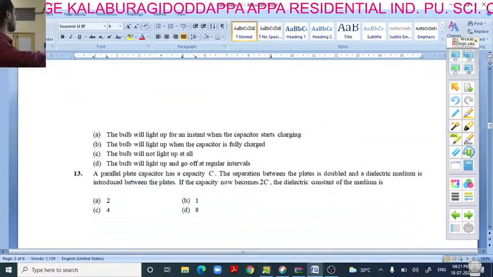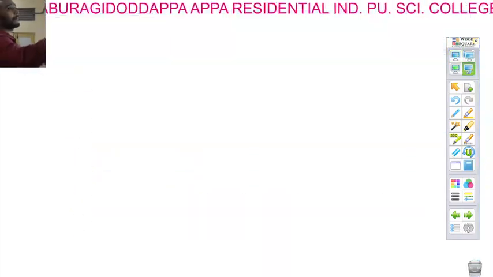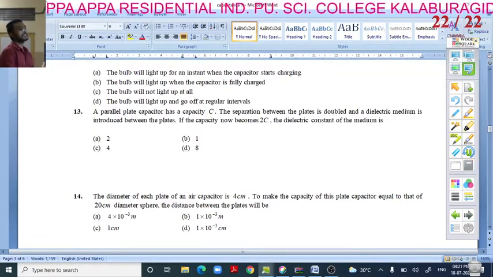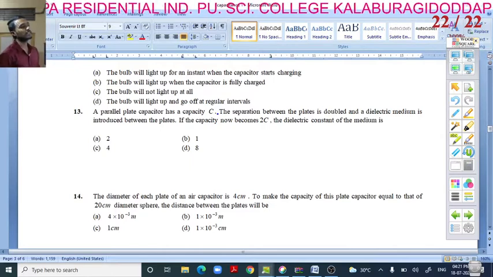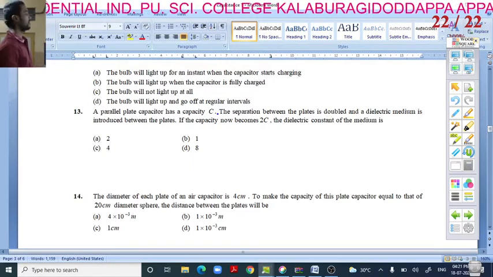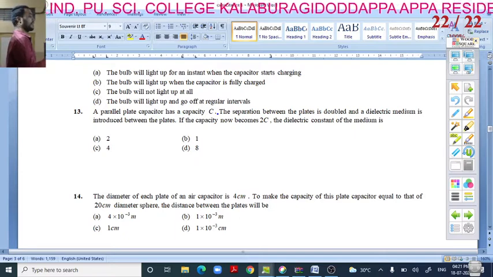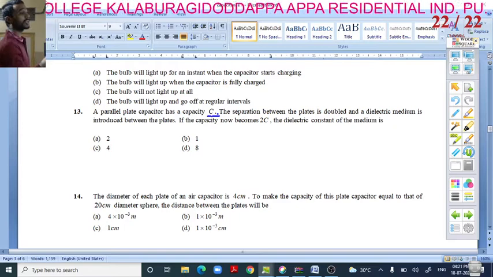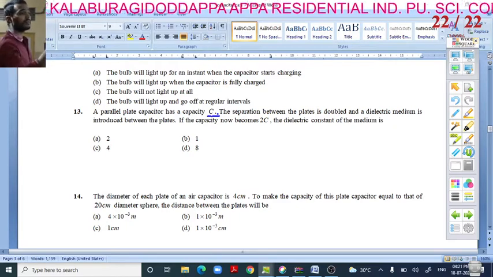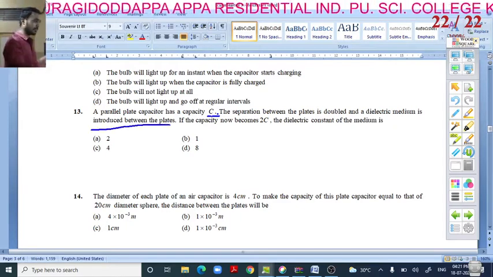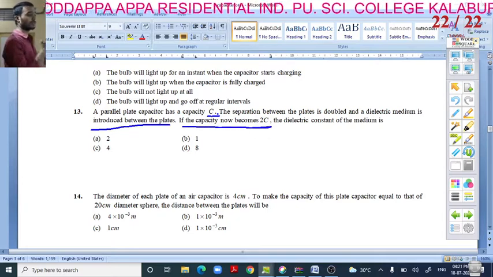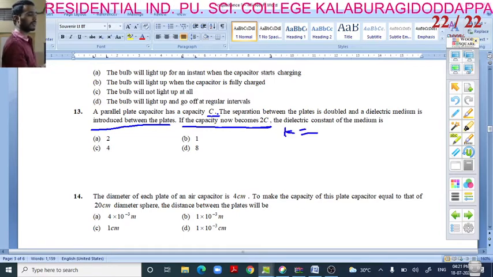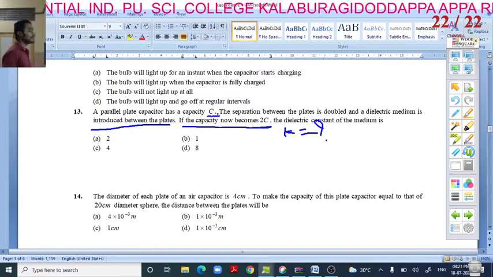Next, a parallel plate capacitor has a capacity C. The separation between the plates is doubled, and a dielectric medium is introduced between the plates. If the capacity becomes 2C, let us assume the dielectric constant is, question mark, right?